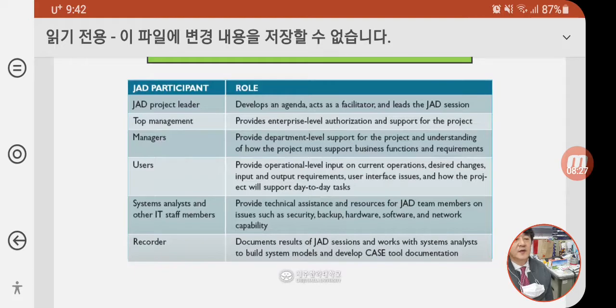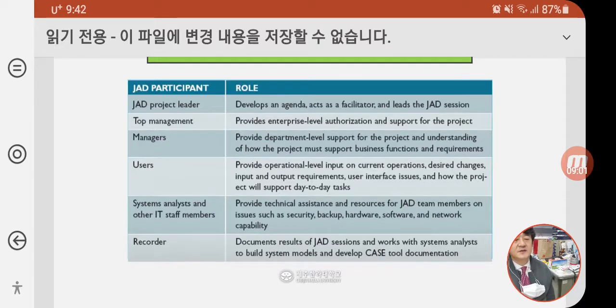Manager provides department-level support for the project and understanding of how the project must support business functions and requirements. Users provide operational-level input on current operations, desired changes, input and output requirements, user interface issues, and how the project will support day-to-day tasks.